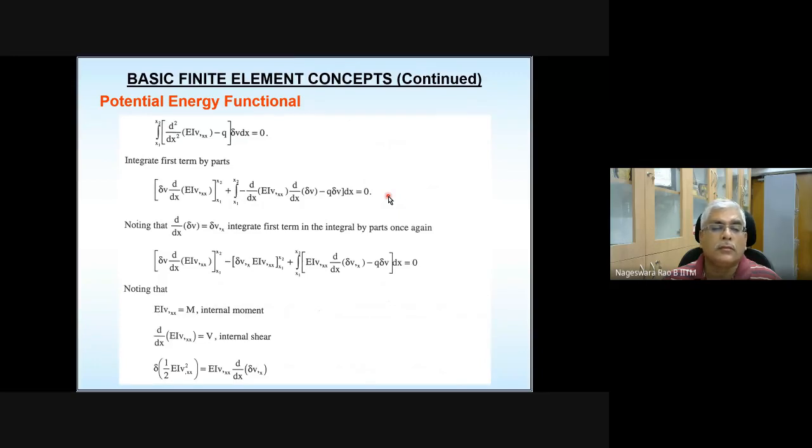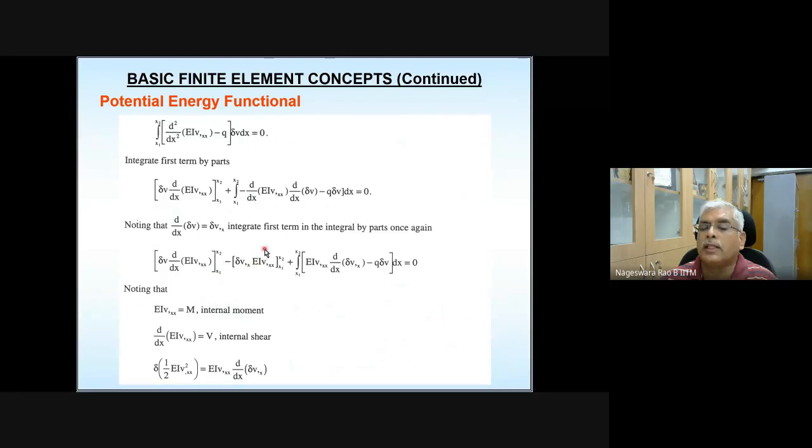So when you apply integration by parts over this term, it's again going to result in 3 terms, and they are written here. Please note that when I say 3 terms, already 2 terms are inside this square bracket, because you need to evaluate it at the upper limit and lower limit, x1 and x2.